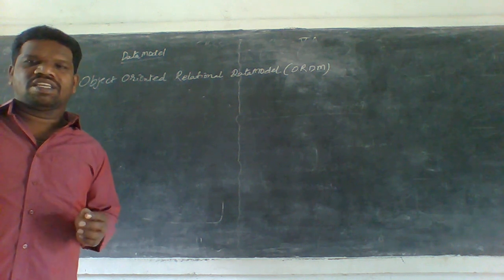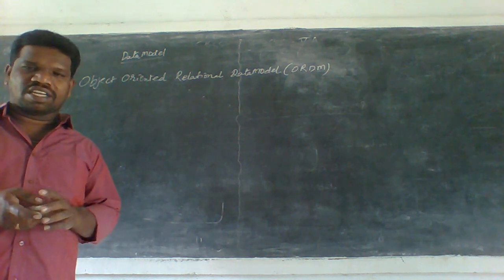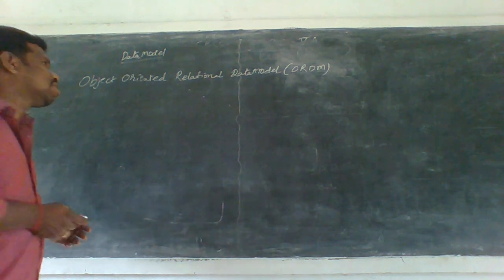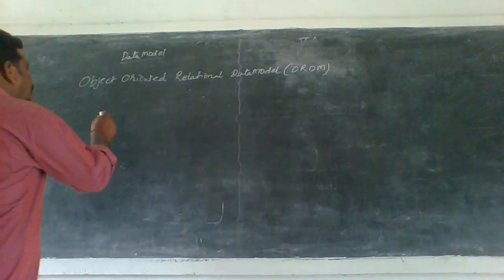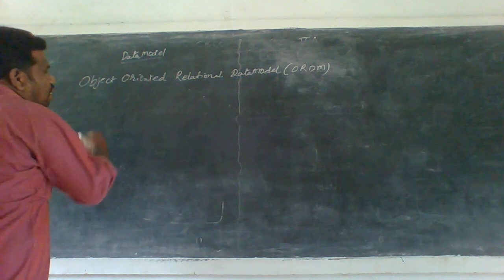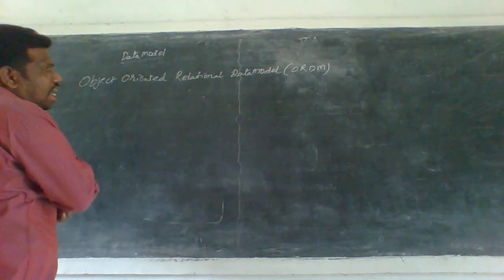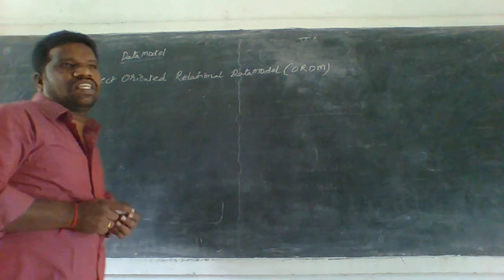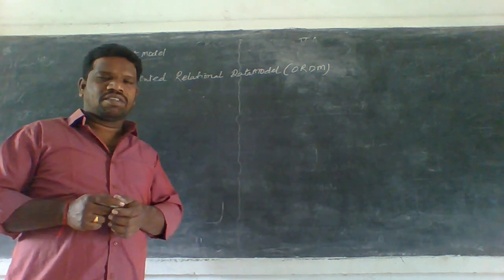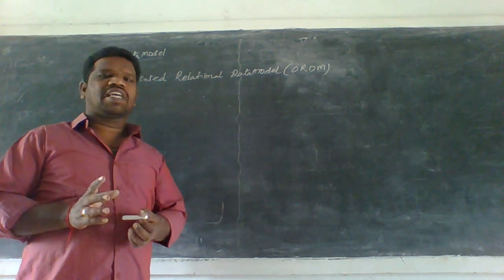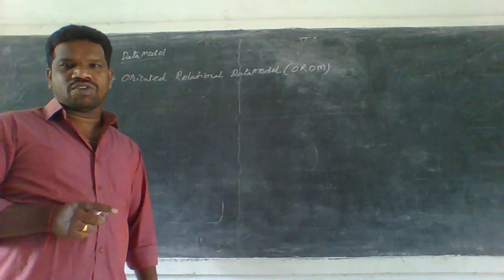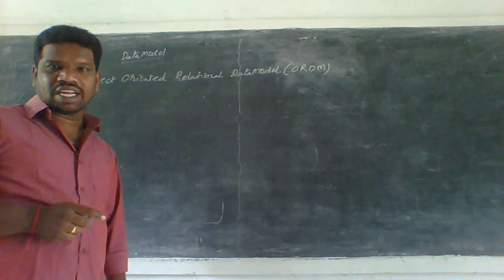So what is an entity? An entity is a physical existence in the real world which can be represented by some shape. So I would like to take some subject using ER diagrams. ER means entity relational data model. ER diagrams are always shown using the concept of UML diagrams. UML means Unified Modeling Language.